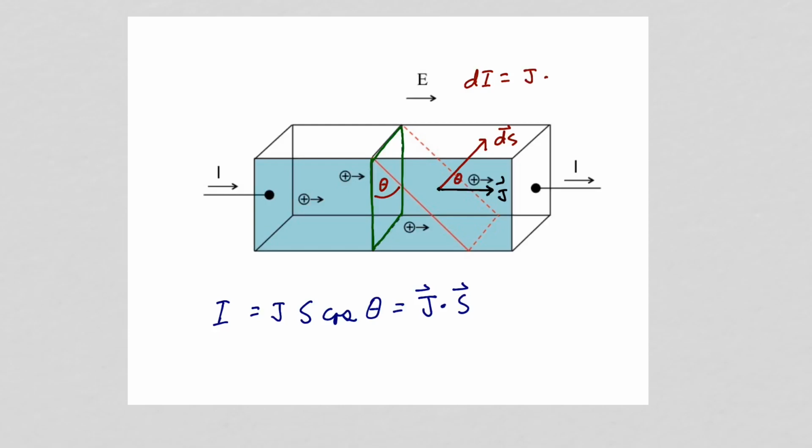And so to get the total current, you would integrate over your surface of J dot ds. This is really very similar to what we did with Gauss's law. The only difference is this is not a closed surface, because usually finding the current, you're not looking at a closed surface.